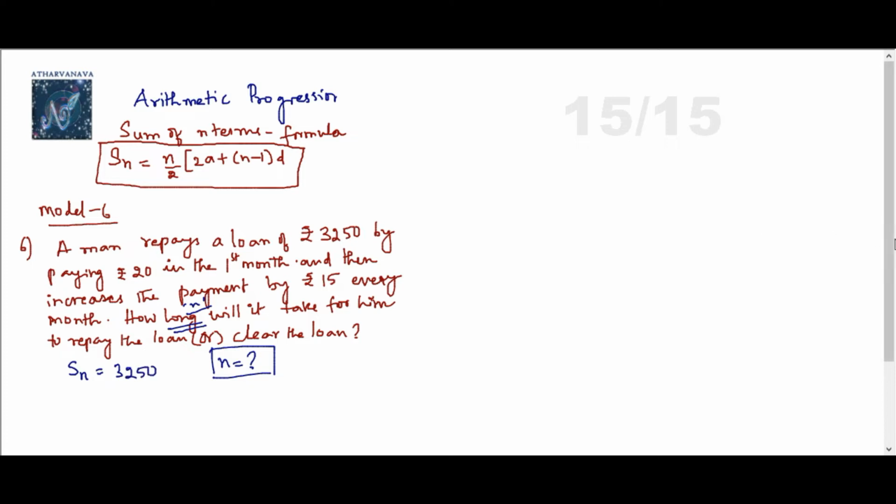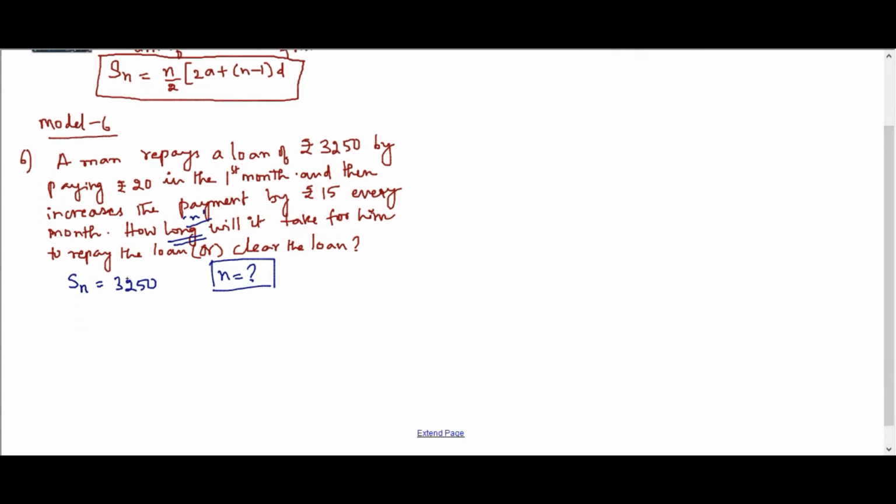Then what else is given? First month he is paying how much? 20. So isn't it like the first term? First term is rupees 20. I'll write 20. I'm not writing the rupees symbol because we are trying to convert it into the form of data which we require. Then every month he is increasing the payment by rupees 15. Say first month he is paying 20 rupees.